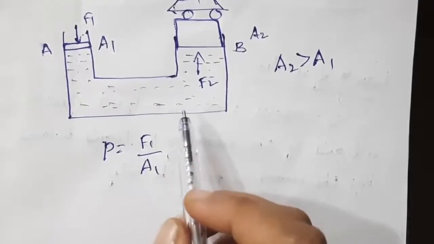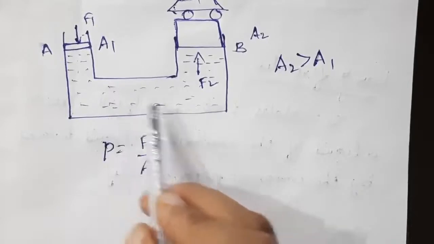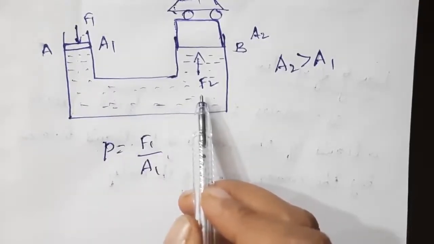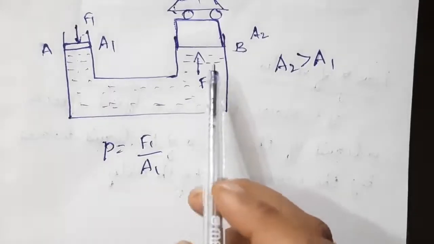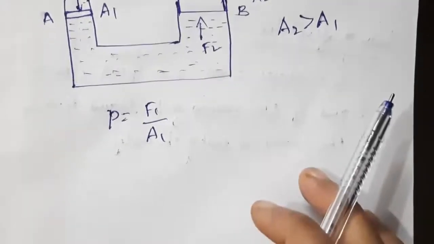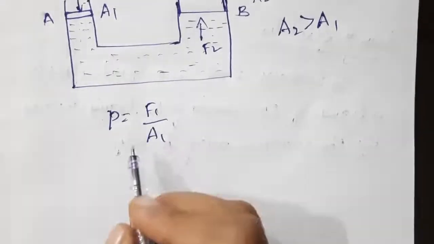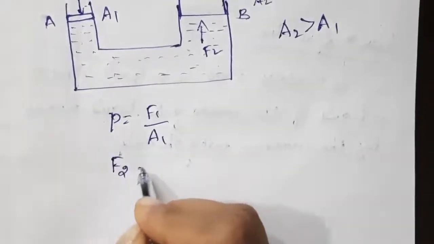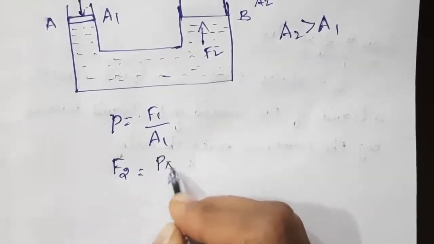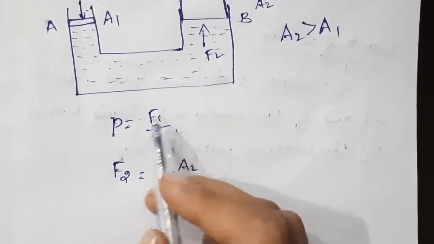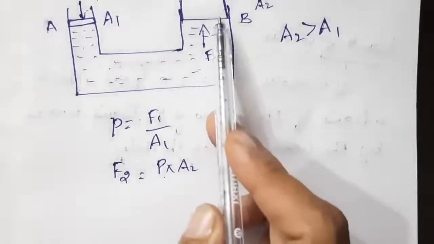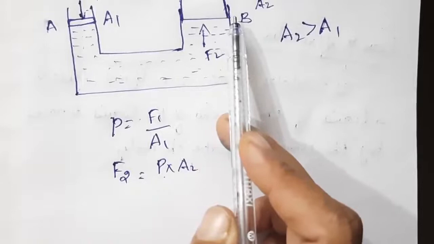Now, according to Pascal's law, this increased pressure will be transmitted in all directions. So the pressure is exerted on piston B, and an upward force is created on piston B. What is the upward force? F2 can be written as P into A2, since force equals pressure into area.